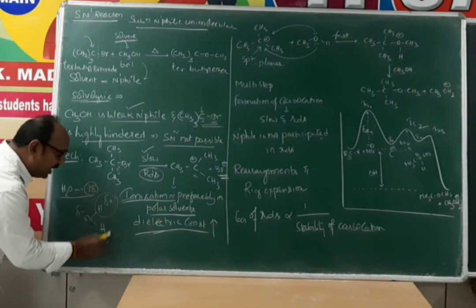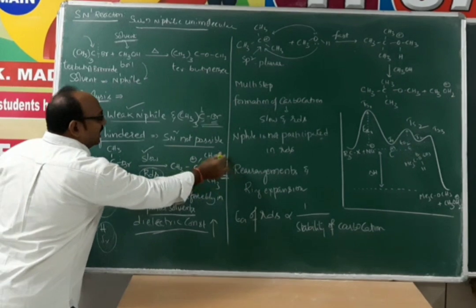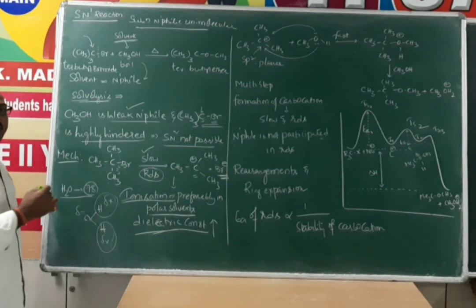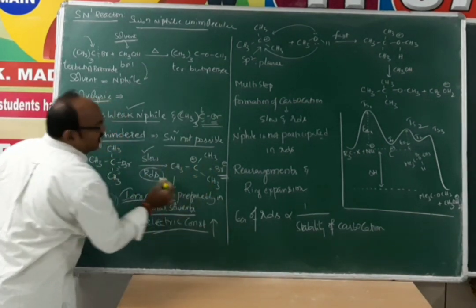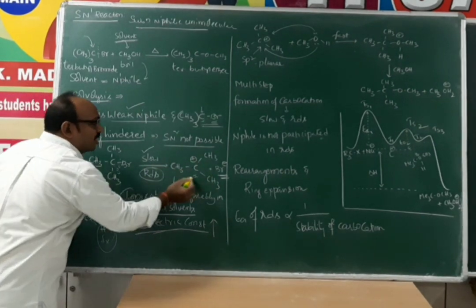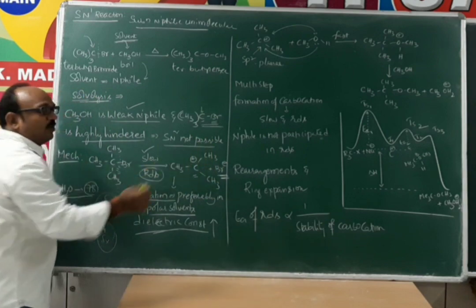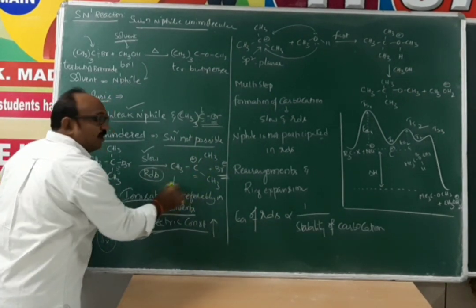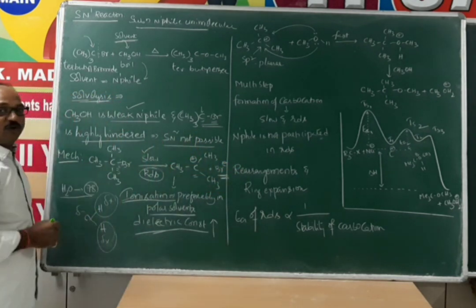That means hydrogen acquires partial positive charge and oxygen acquires partial negative charge. Here the partially positively charged hydrogens come and surround this Br minus, and the partially negatively charged oxygen atoms of other water molecules go and surround the carbocation. That means the carbocation is surrounded by water molecules and the formed halide ion is also surrounded by water molecules.